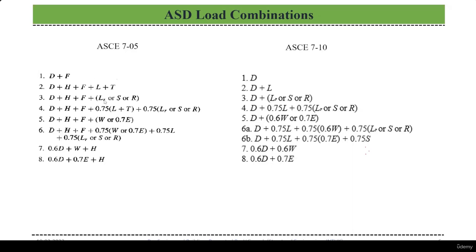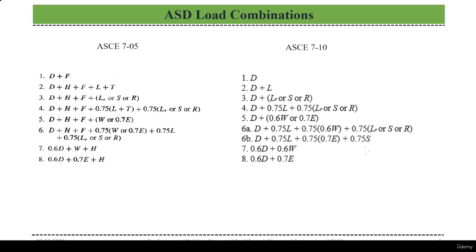Lr here is a roof live load, whereas T here is temperature load or self-straining force, and S or R are snow or rain loads. We generally will not use snow or rain loads here. Generally we use dead load, live load, seismic load, wind loads and temperature load. So W indicates a wind load.